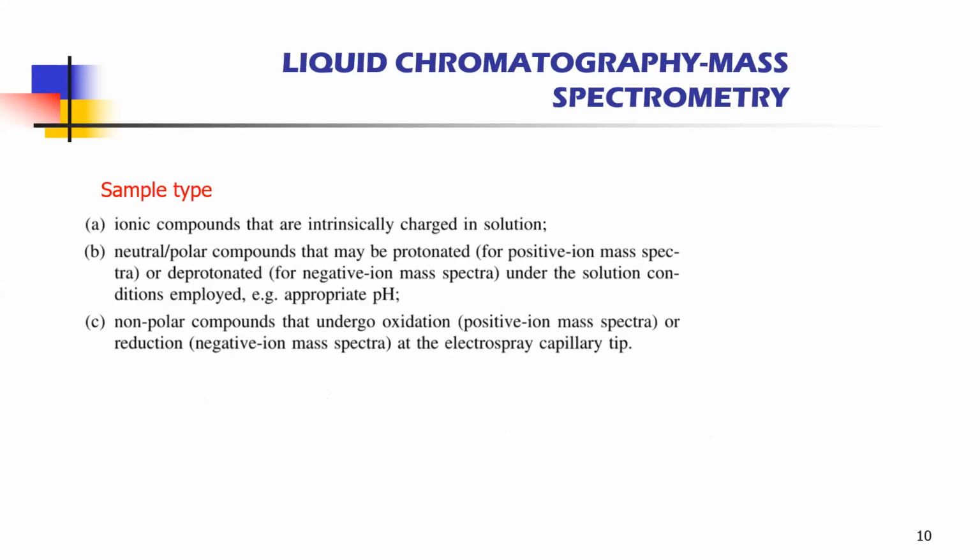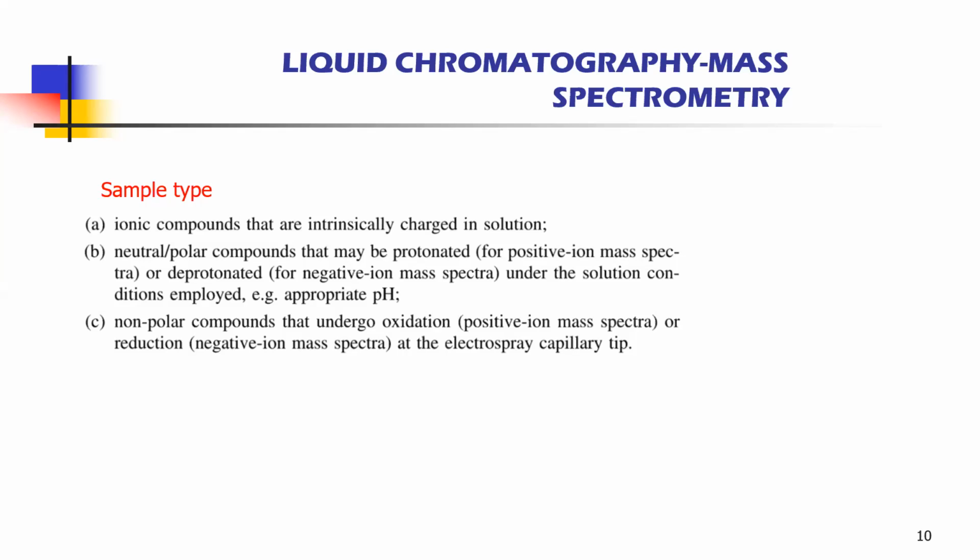We can also have a non-polar compound that undergoes oxidation, that is with positive ion mass spectra, or reduction, that is with negative ion mass spectra, at the electrospray capillary tip. So these are the variety of samples that can be introduced with an electrospray interface system.